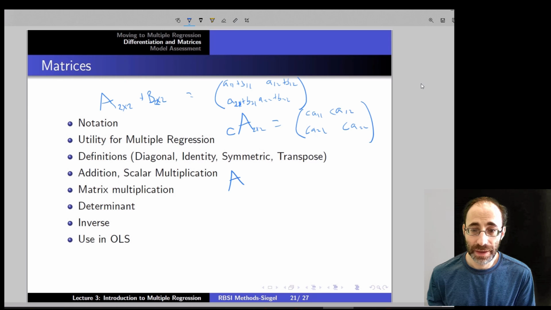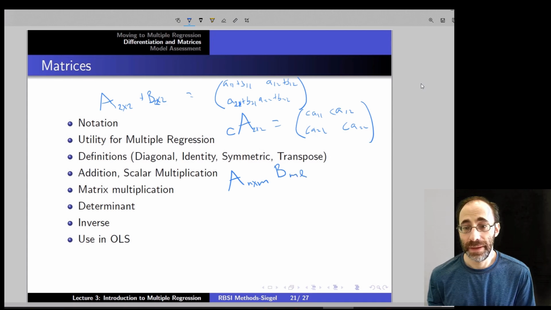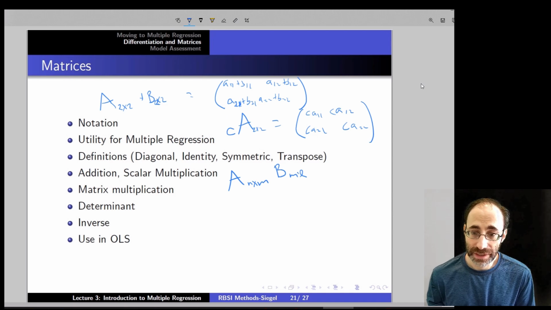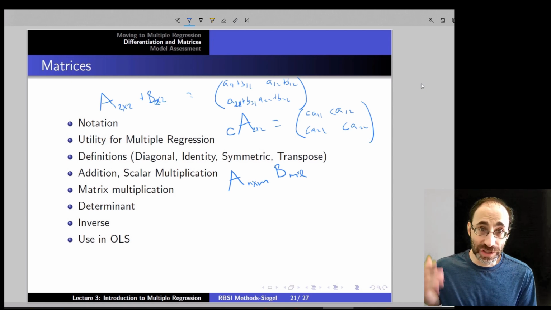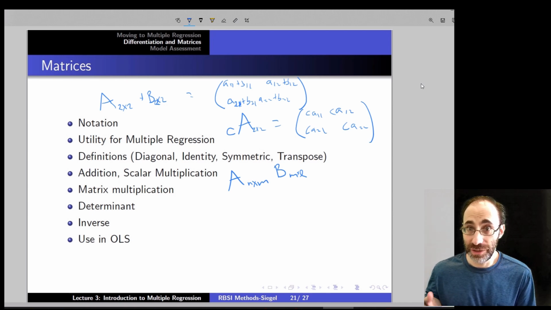If I have an n by m matrix, I can multiply that by any matrix that has m rows and, say, L columns. Importantly, if I multiply A times B, the number of columns of the first one I'm multiplying has to be the same as the number of rows of the second one. If I don't have that, I can't multiply the 2 matrices.